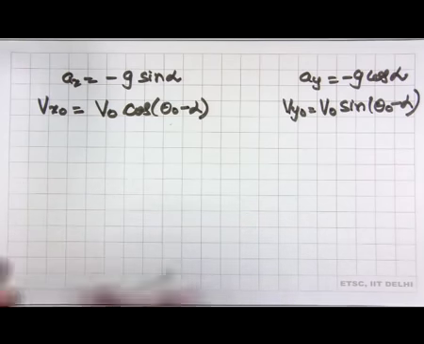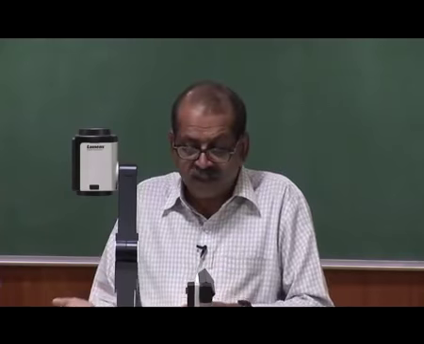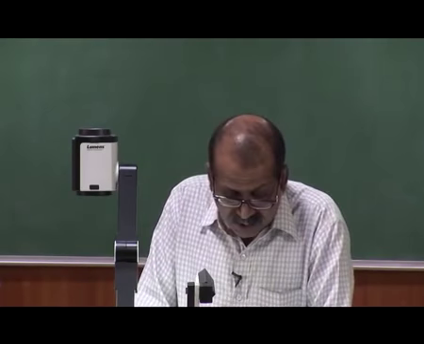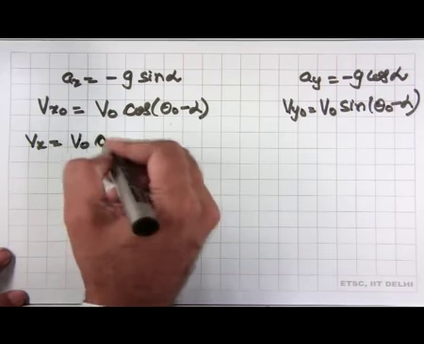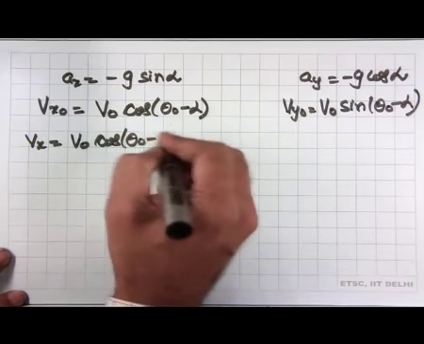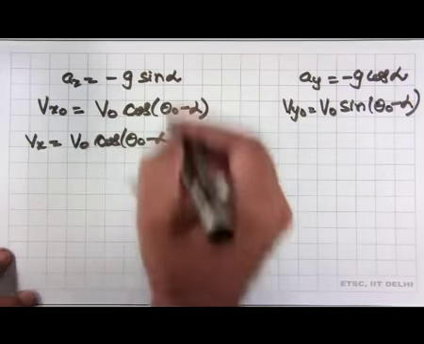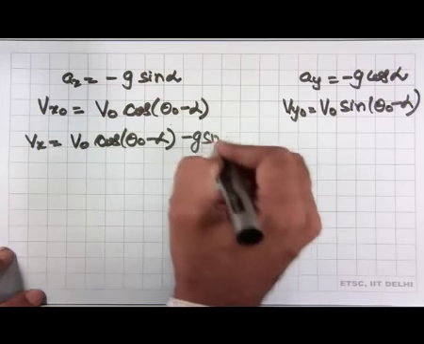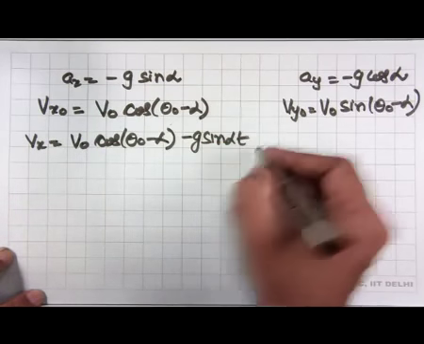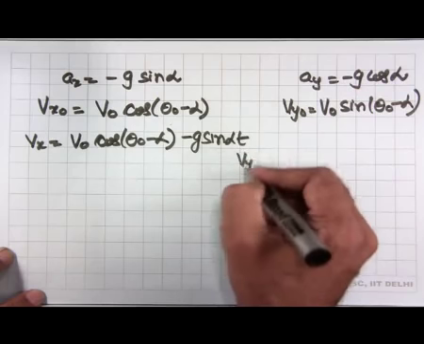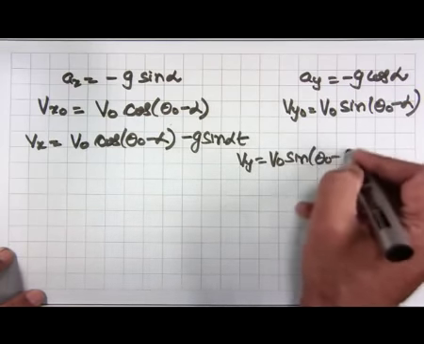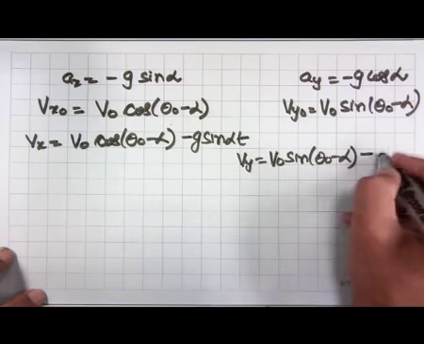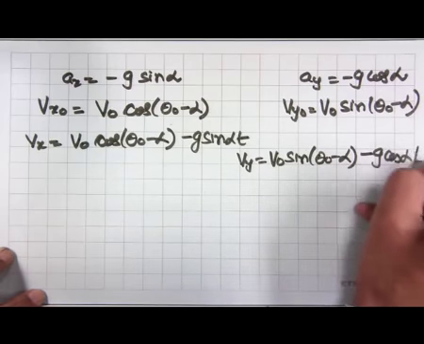We write our equations for Vx, Vy, x and y. Vx is equal to v0 cosine of theta 0 minus alpha, minus g sin alpha t, and Vy is equal to v0 sine of theta 0 minus alpha, minus g cos alpha t.